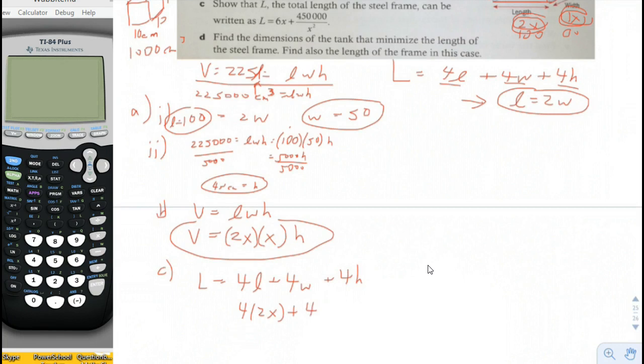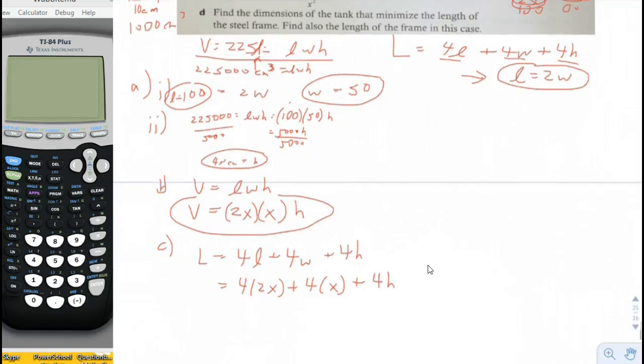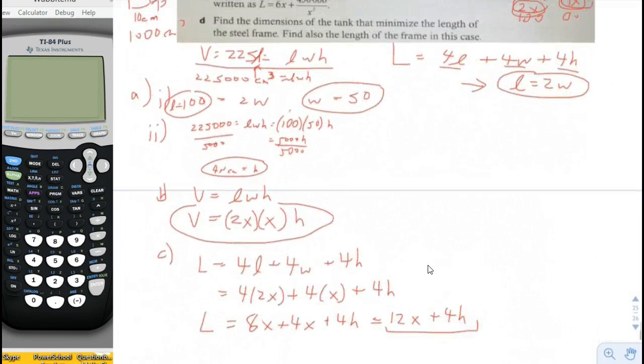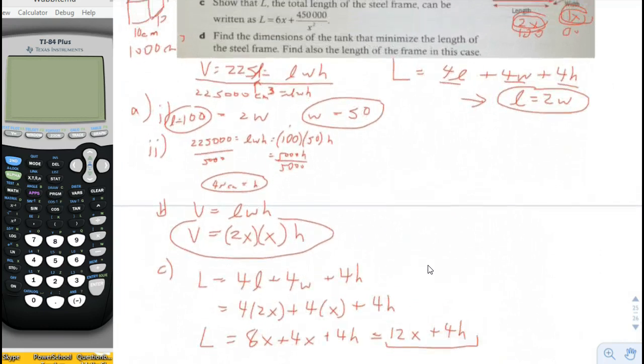We know that W is 1x, so it's 4 times x, and h we just leave as h. So we can write that as 8x plus 4x plus 4h is equal to L, which is equal to 12x plus 4h. Okay, 12x plus 4h.